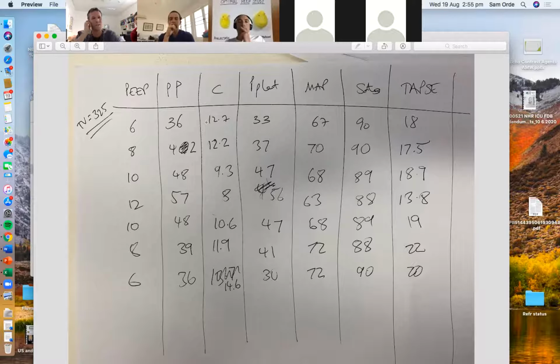With this guy, I tried a PEEP titration maneuver. This was not really meant to be for recruitment, but I think it did show that maybe there was some recruitment there. And what I look at with this, as well as the change in the PEEP, is peak pressures, compliance, plateau pressures, hemodynamics, saturations, and TAPSE.